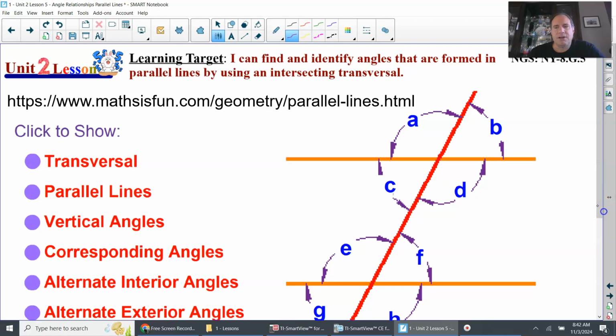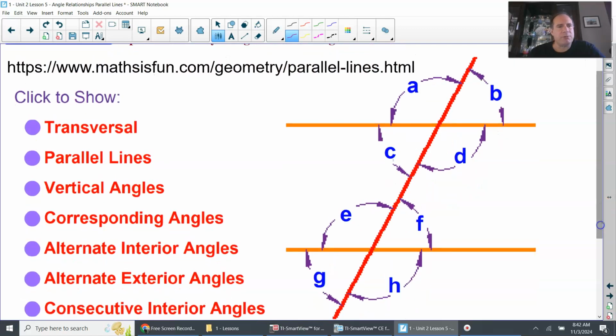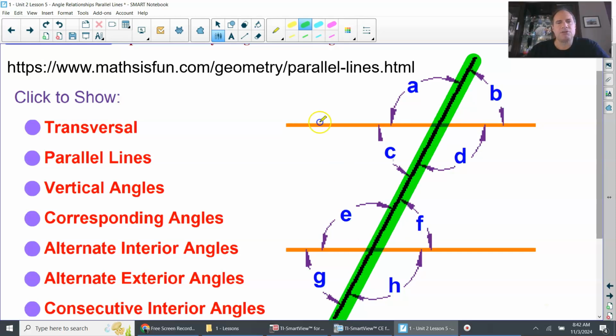For this, we are just going to go over quickly the definitions and the vocabulary that we have here. A transversal is this dark red line, and I'm highlighting it in green. That is called a transversal.